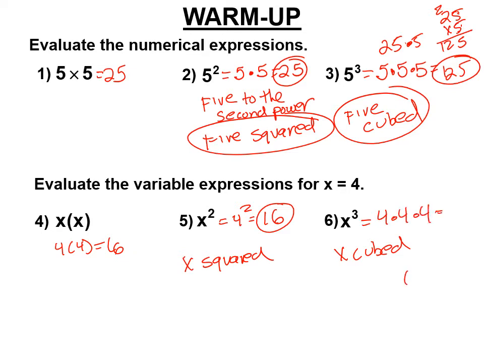So 4 times 4 is 16, and 16 times 4 is 6 times 4 is 24. Whoops, not 84, it's 64. 4 cubed is 64.